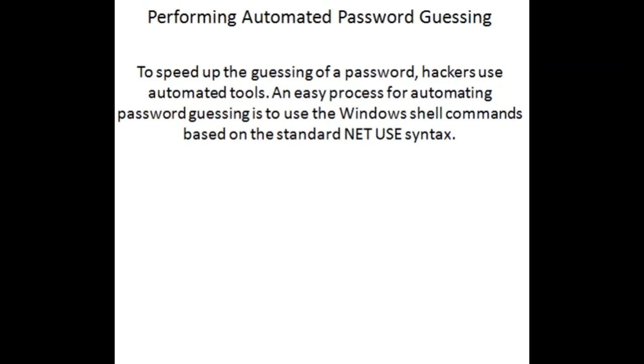Defending against password guessing. Two options exist to defend against password guessing and password attacks. Both smart cards and biometrics add a layer of security to the insecurity that's inherent when users create their own passwords. A user can also be authenticated and validated using biometrics. Biometrics use physical characteristics such as fingerprints, hand geometry scans, and retinal scans as credentials to validate users.